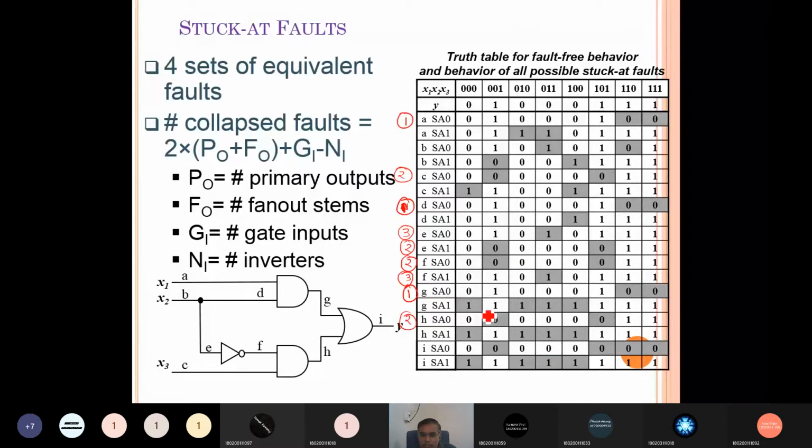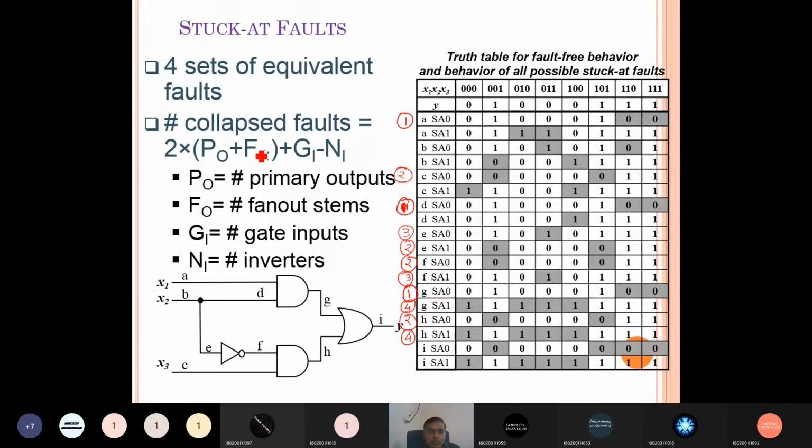Now you can see here 1 1 1 1, so this is the fourth equivalent fault group, right? So out of 18 total faults there are 4 sets of equivalent faults, right? By removing those, we can get the collapsed fault list.